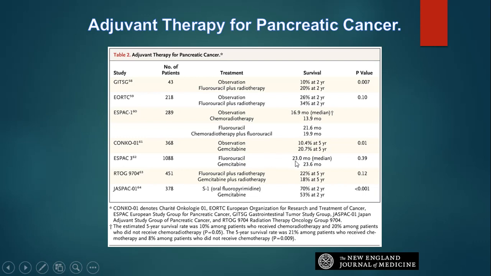With the resection and the adjuvant therapy, the median survival was 23 months, and not much improvement in any other study as well. You can see how deadly this tumor is: 16.9 months, 21.6 months, and so on. So this is a disease with high mortality.